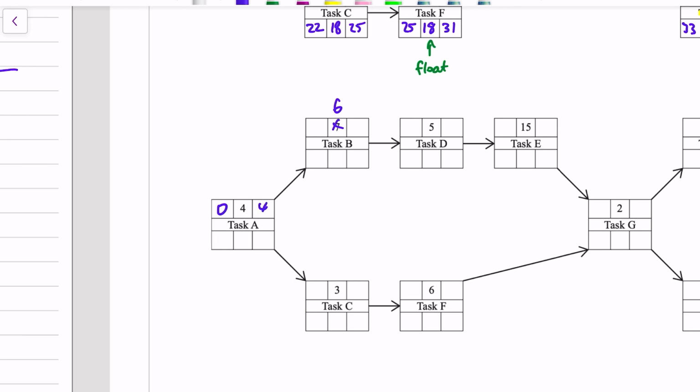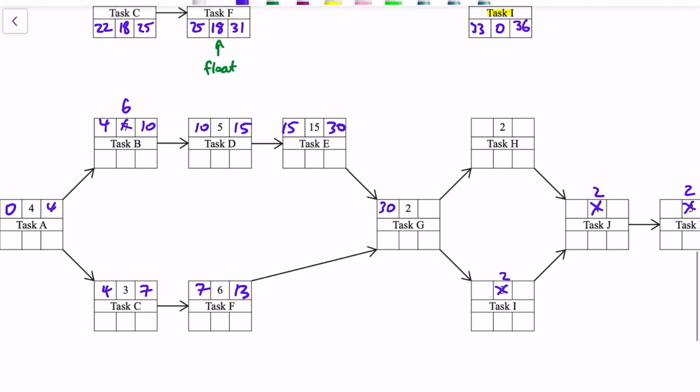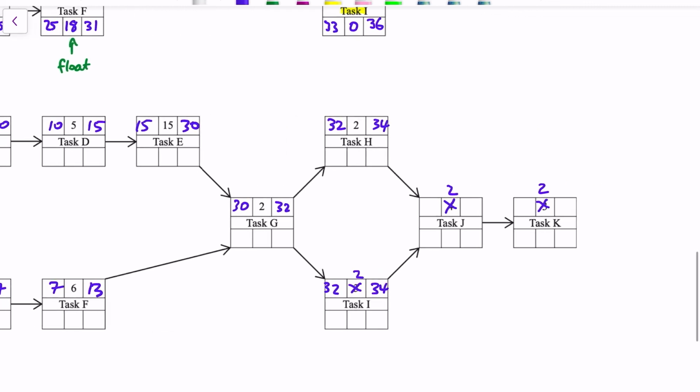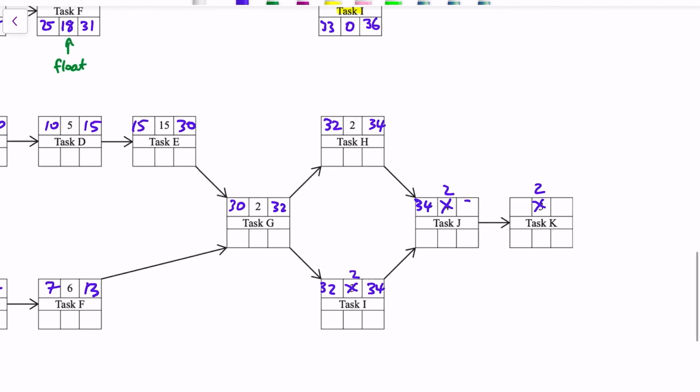0, 4, 4, 4, 6, 10, 10, 5, 15, 15, 15, 30, 4, 3, 7, 7, 6, 13, 30, 32, 34, 34, 34, 36, 36, 38. Bingo.